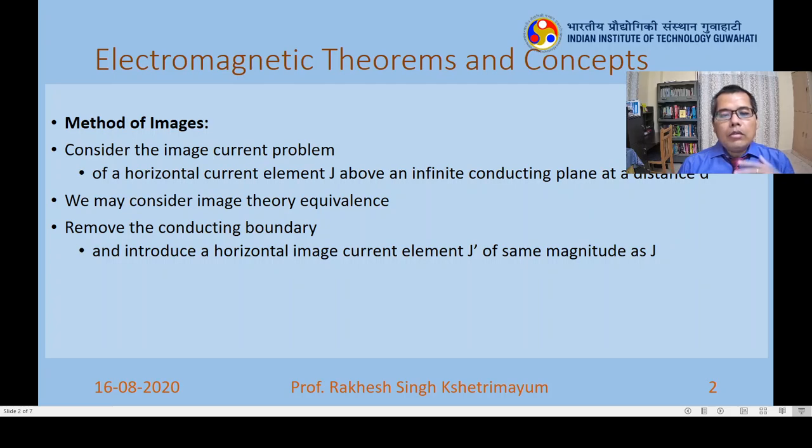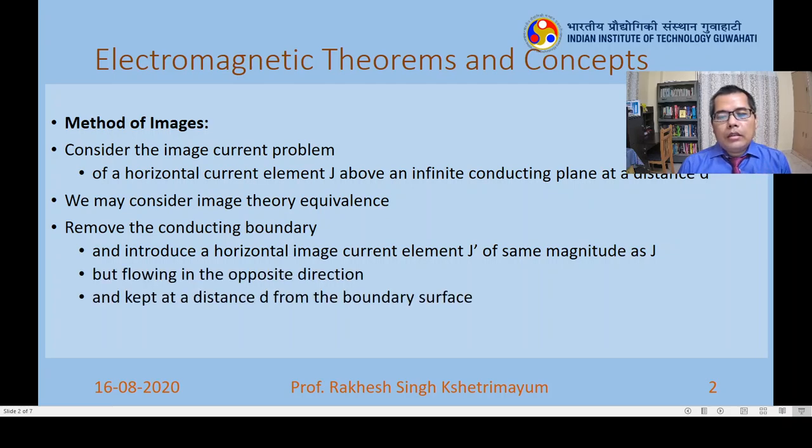So in order to satisfy this boundary condition at the location of the conducting surface which we have removed, we need to introduce another horizontal image current of the same magnitude and in the opposite direction, and the distance from the boundary surface should be d in the lower half plane.